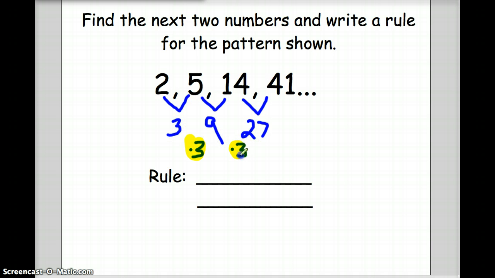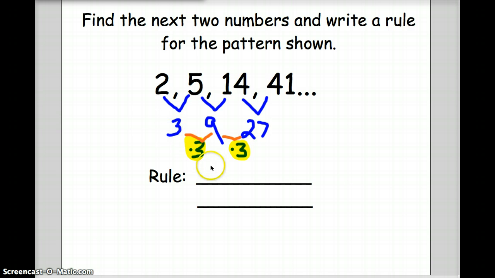So sometimes if it's not obvious what's happening, look at the second level. The first level I had 3, 9, and 27 as my differences. The second level I could see that I just had to multiply by 3 to get to the next term.